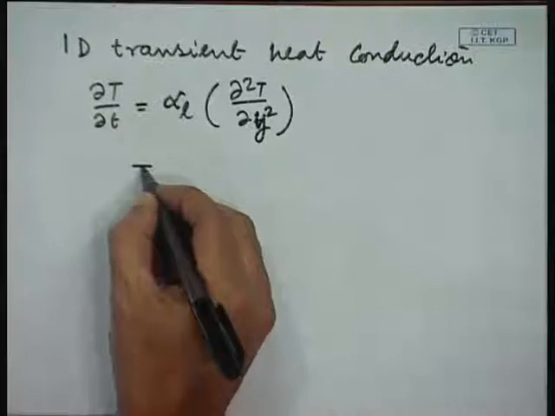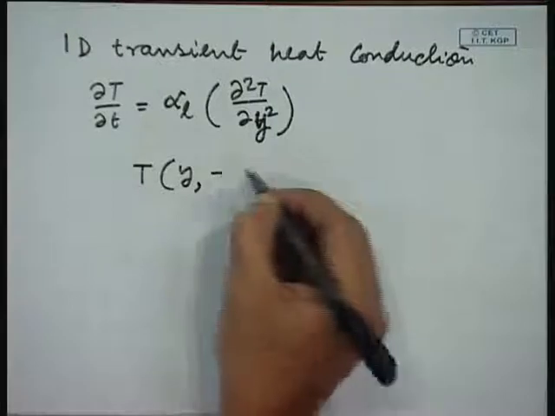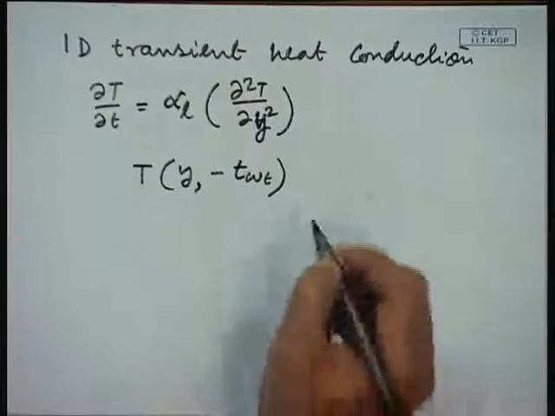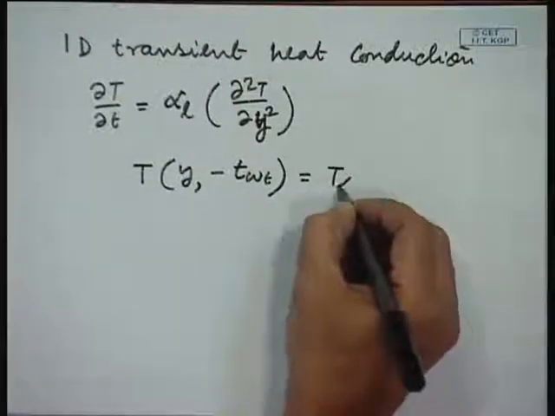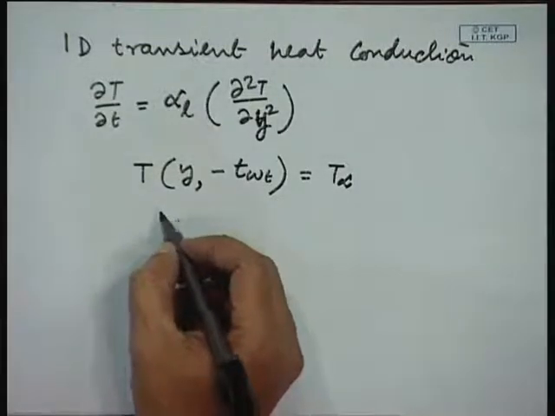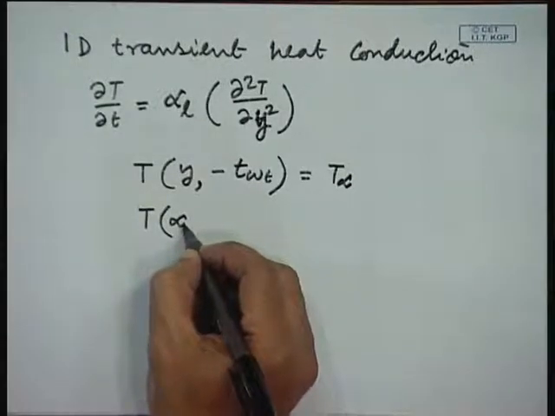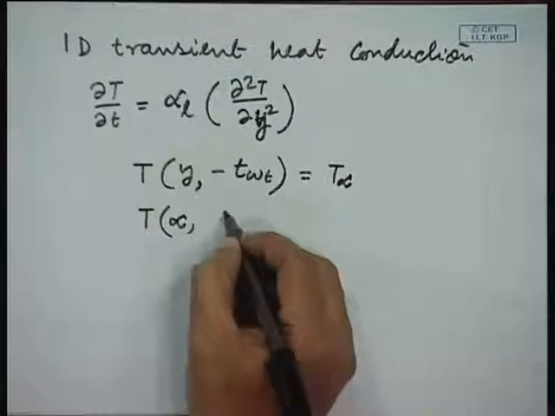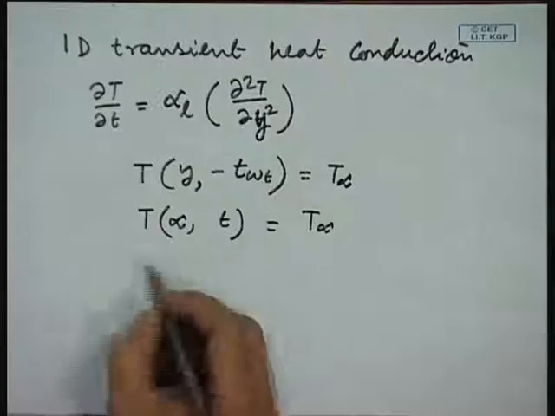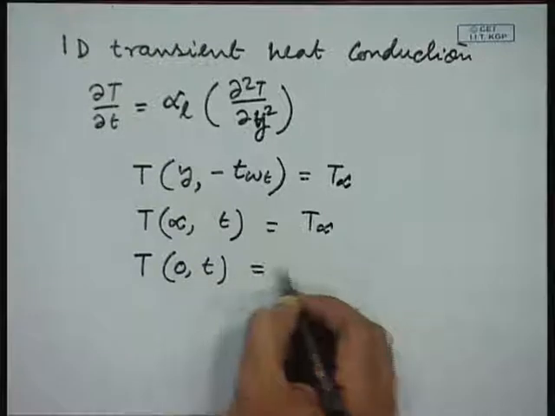So, what we can write is that T(y, 0), this is actually time, is equal to T infinity. And T at infinity, that means beyond your thermal boundary layer at any time, is also T infinity, and T at the wall at any time is T wall.